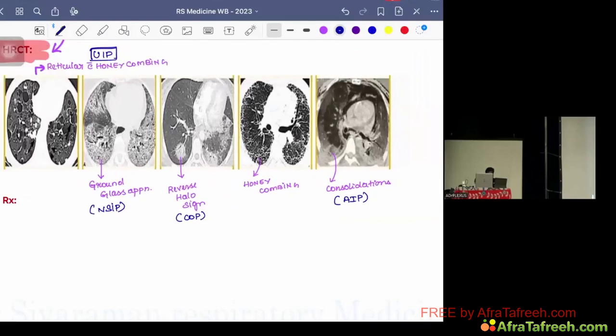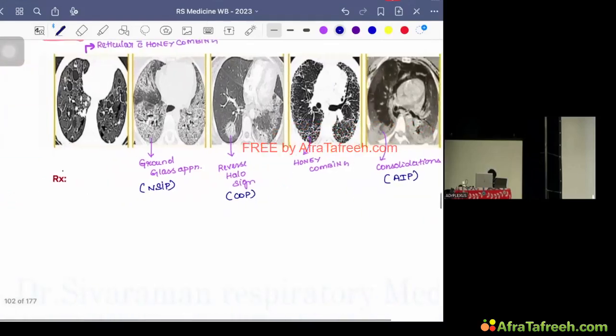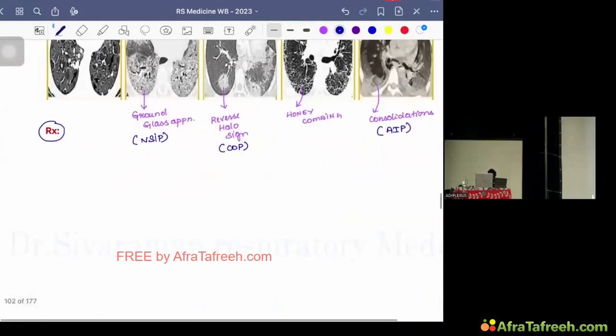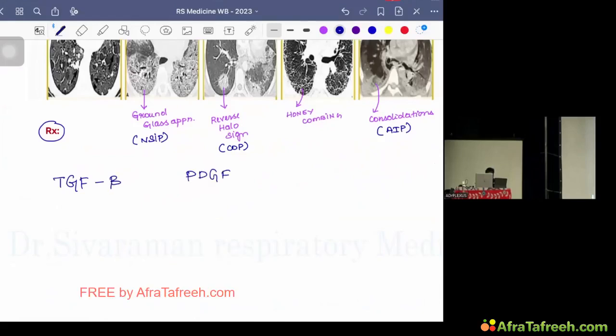So what is the treatment? If you take this as an interstitial lung disease, we don't have any marked drugs to say this will work very nicely. The pathology is because of two things: one we saw, TGF beta, and another one is PDGF. So you can go for anti-TGF beta and anti-PDGF.